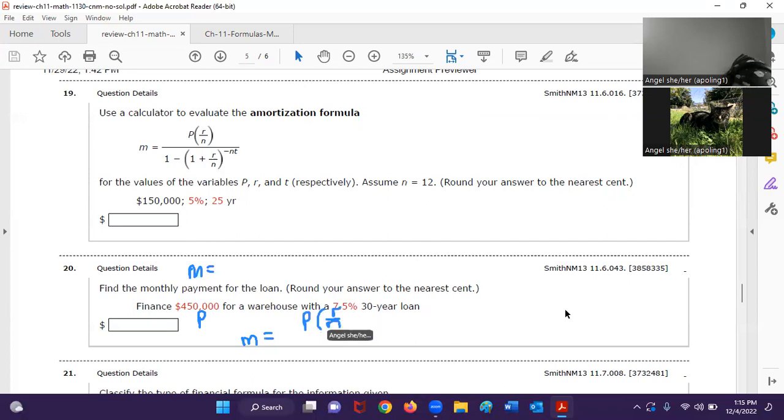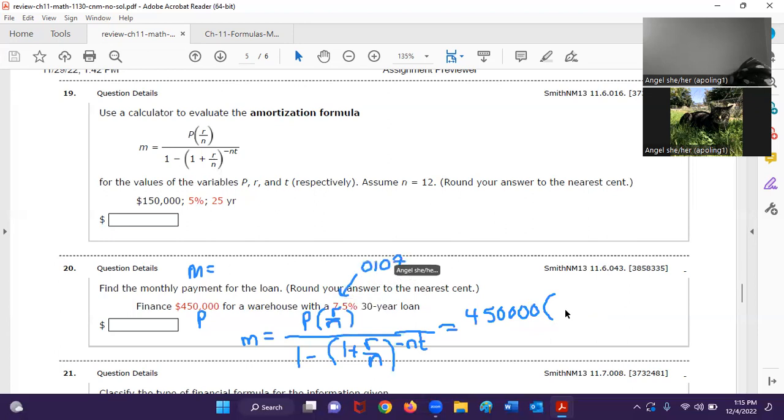R over N, 1 minus 1 plus R over N to the negative N times T. Okay, so plug and chug. 450,000. The rate is 0.075.